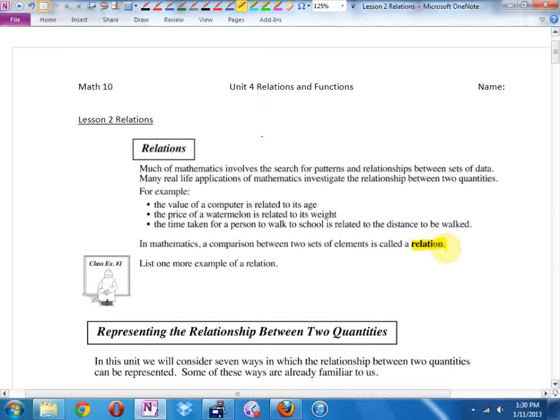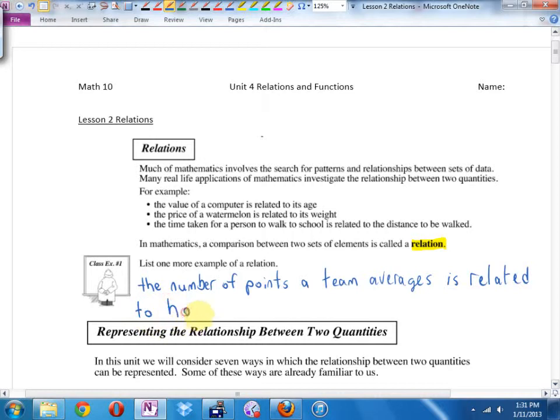Let's make something up. How about, this is for Anthony, the number of points a team averages is related to how many games it can win.